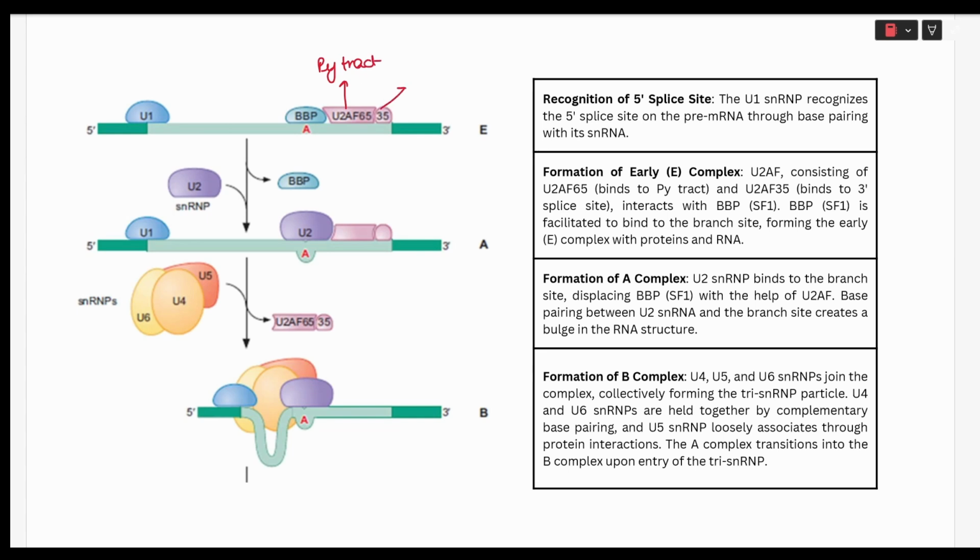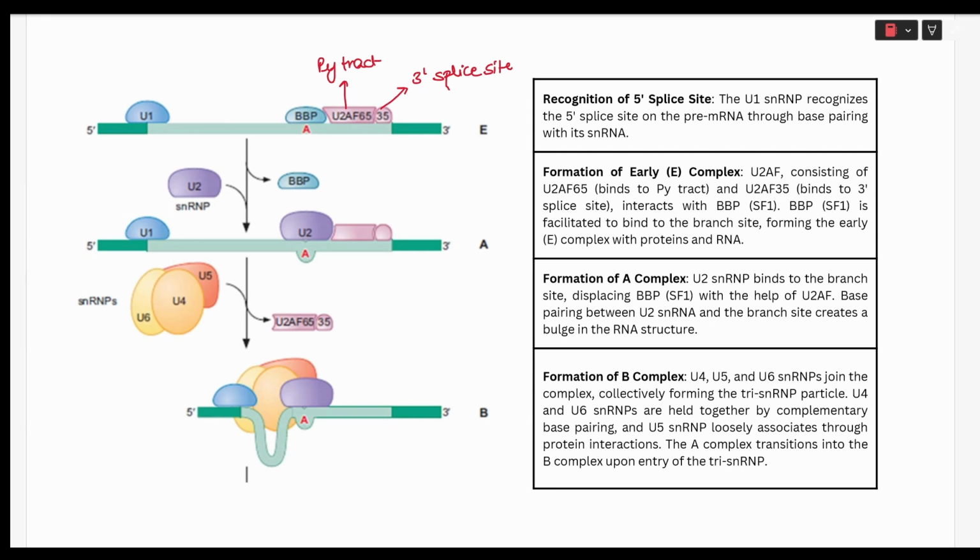The U2AF35 binds on the 3' splice site. So I have labeled it here. Okay. Now, the U2AF also interacts with the BBP, right? I hope you remember the BBP, the branch point binding protein. As you can see, it recognizes the branch point, and it is loaded here with the help of your U2AF.